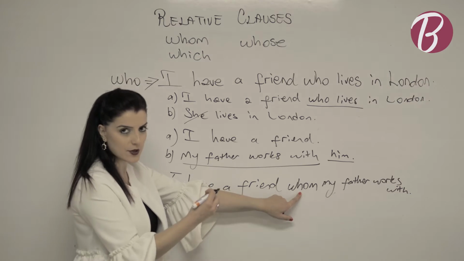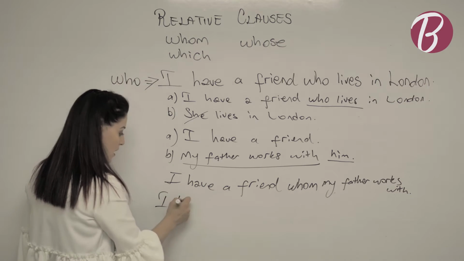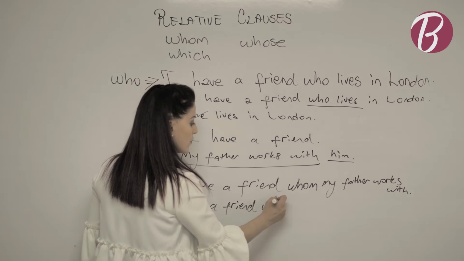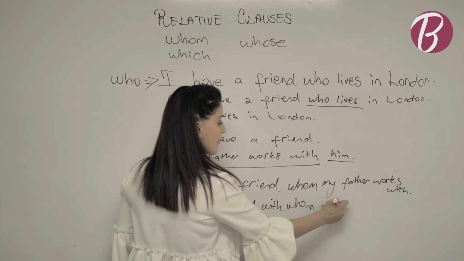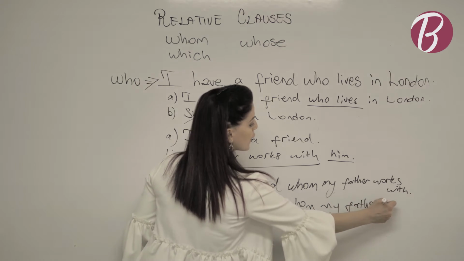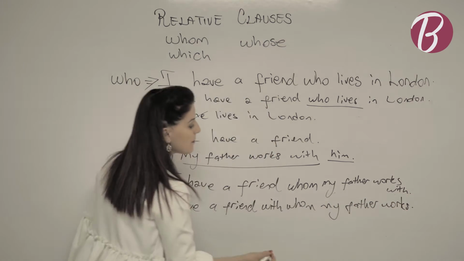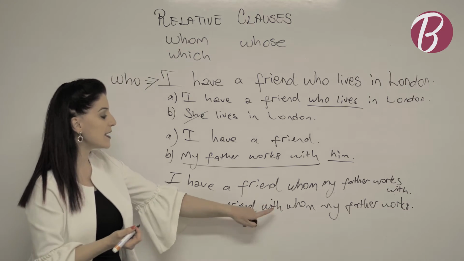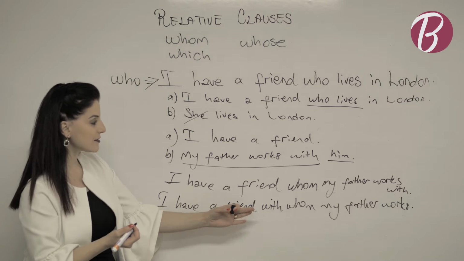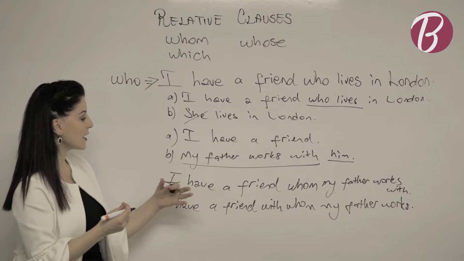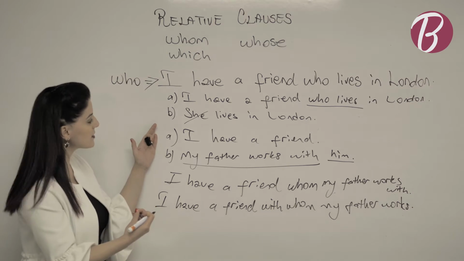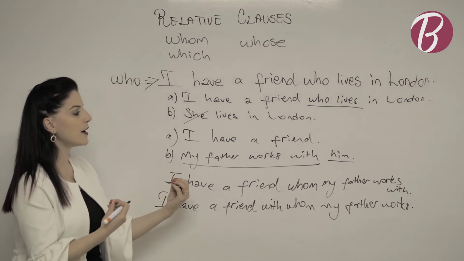So there is a better choice, which is: I have a friend with whom my father works. This is the best choice, the best version of this sentence. While combining our sentences by using relative clauses, we must be careful about it.